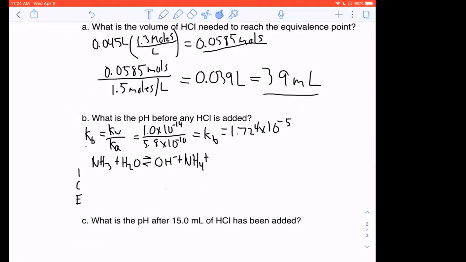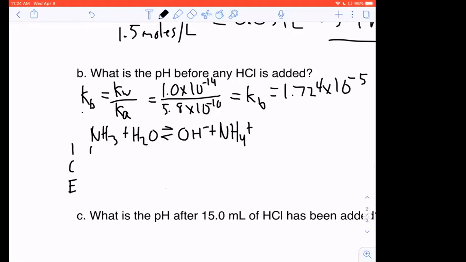So we have 1.3 molar here. We can assume that these values are 0. So we'll do minus x, plus x, plus x, giving 1.3 minus x, x and x. Once again, water's a liquid, so you won't include it.